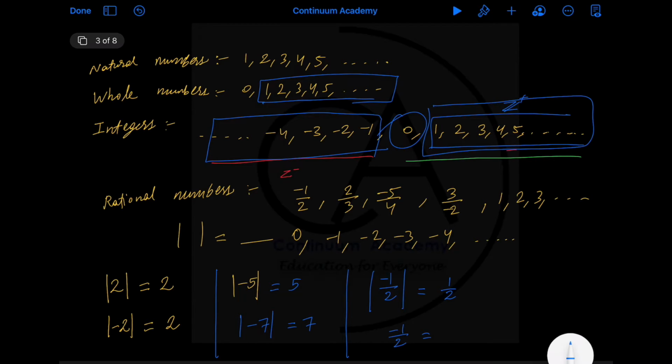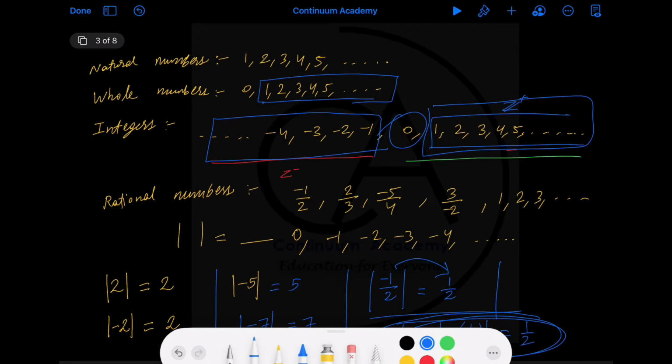Let me write it in detail: mod of minus 1/2 is basically minus of minus 1/2, which is equal to 1/2. Clear? You don't need to follow this one, just see whether the number is negative or positive. If it is negative, write it in the positive form. And if you want to find the mod of 1/2, here 1/2 is a positive rational number, so the answer will be 1/2 only.